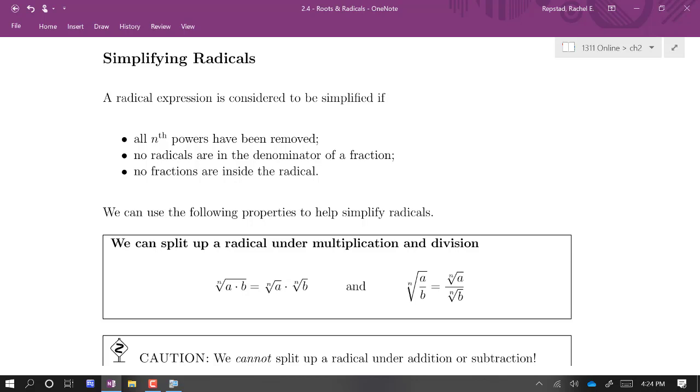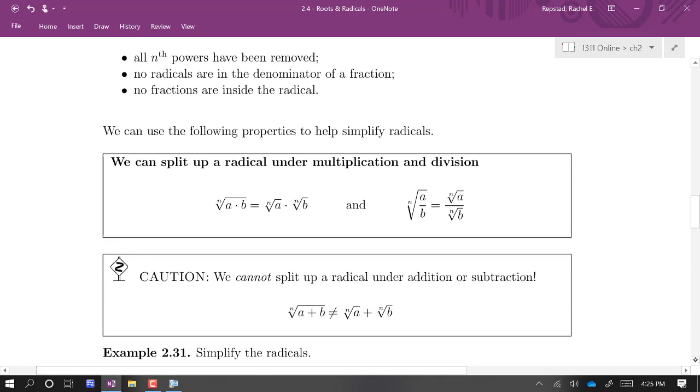There's a couple of properties that will be particularly useful, and these really stem directly from the fact that we can distribute, you might recall, we can distribute an exponent over a product, over multiplication, and over division.